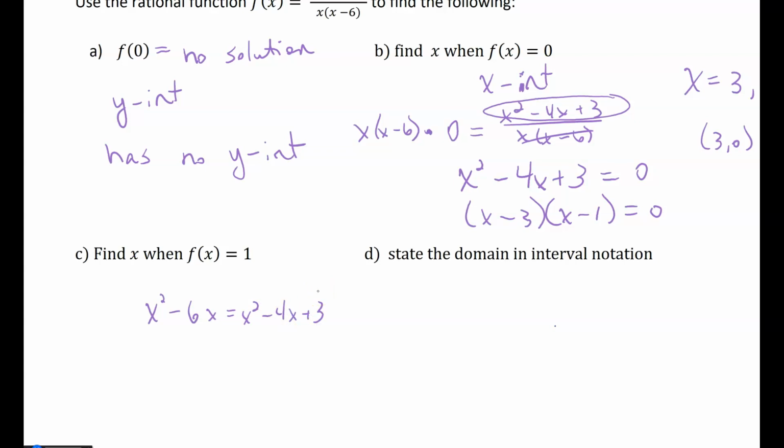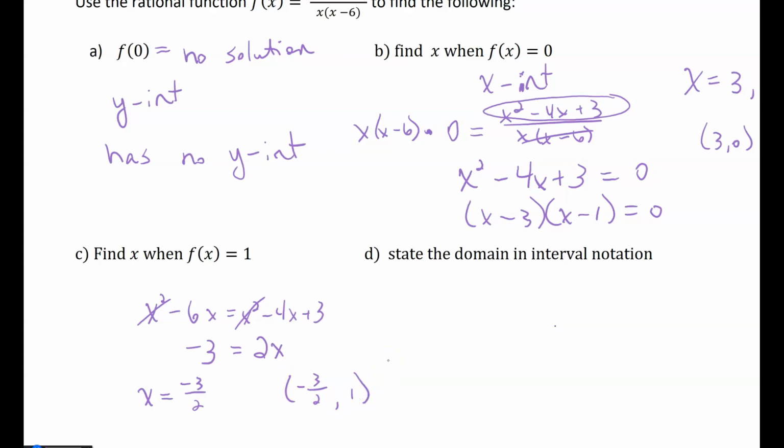And then it's just solving for x. Those two x squares will cancel each other out. I end up with a 2x over here, a negative 3 over here. So x is equal to negative 3 over 2. So again, this is just the coordinate set, negative 3 over 2, 1.